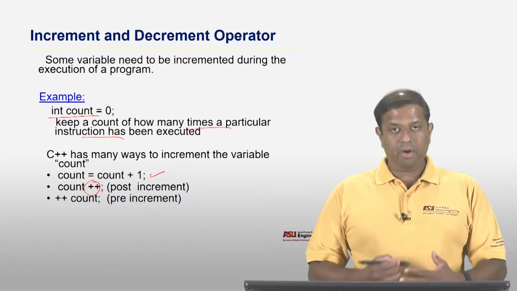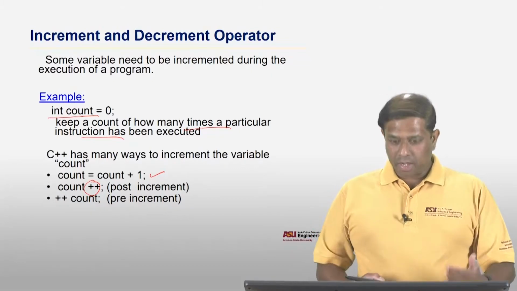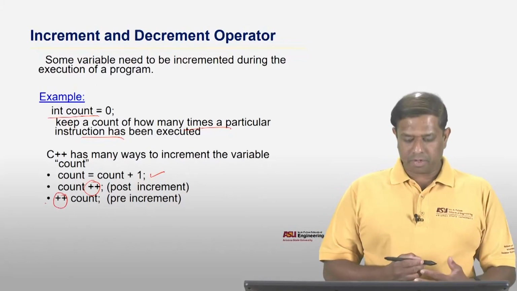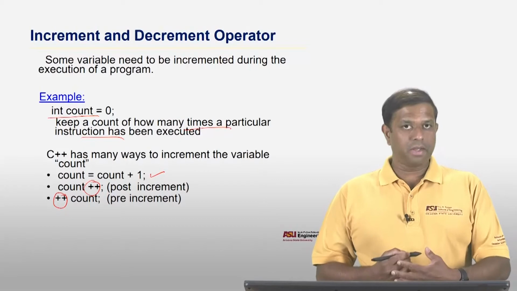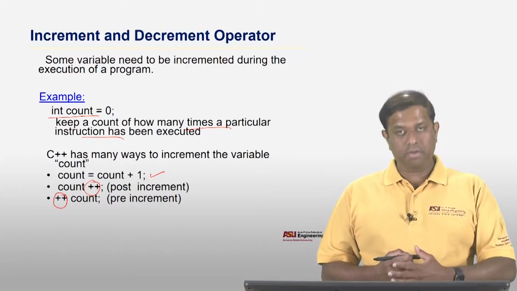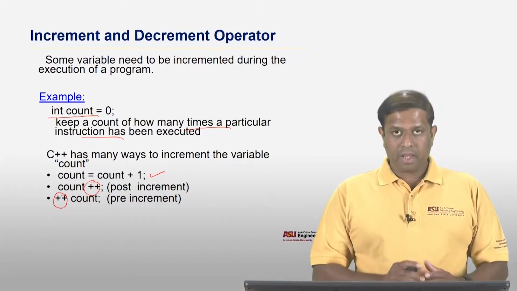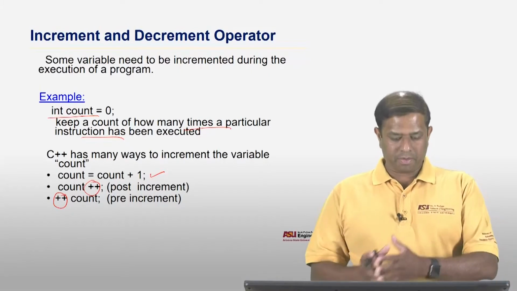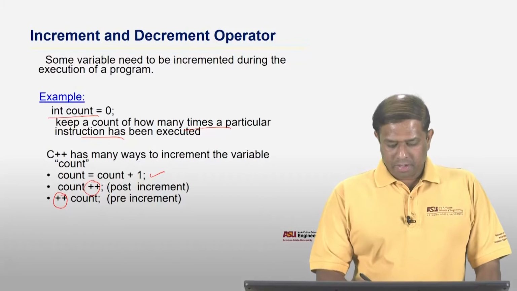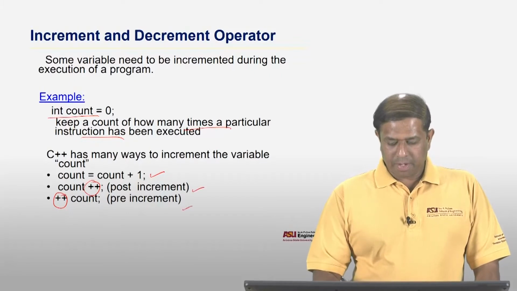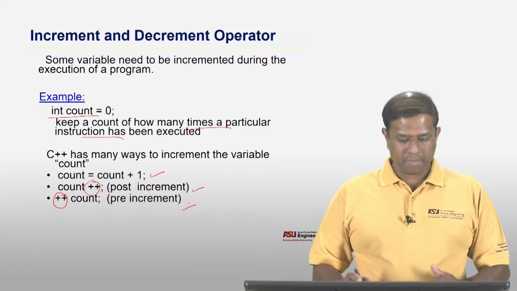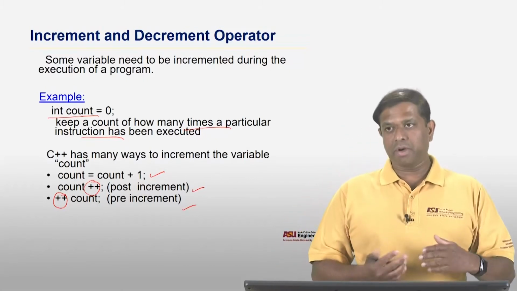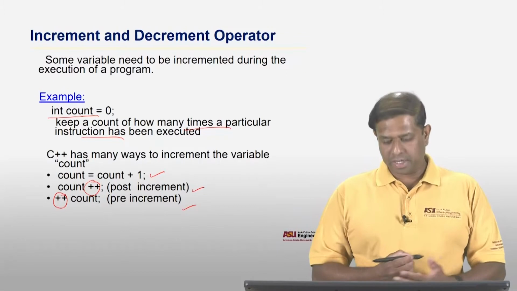That means adding 1 to the count, right? Likewise we can put 2 plus signs in front of the variable name also. That also has the final effect of incrementing count by 1. Since we have these 2 plus signs either at the end or at the beginning of the variable name, we call it post or pre-increment respectively, right? This pre and post increment has some implication as to how we use it in a statement.